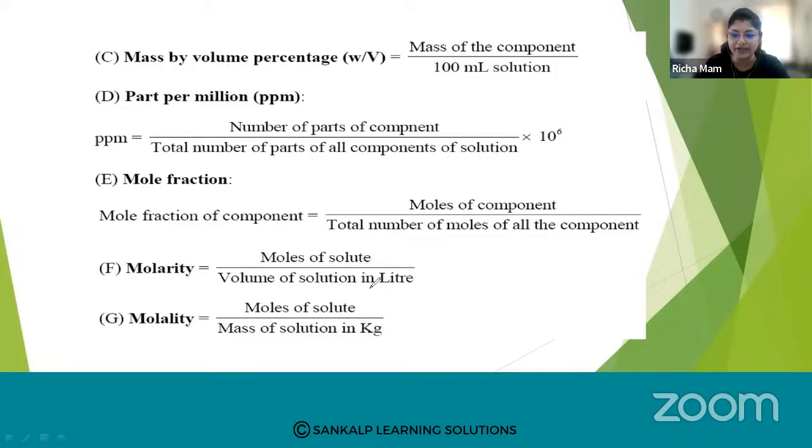Molarity is number of moles of solute dissolved in 1 liter of solution. 1 liter means what? 1 liter can be 1 dm cube, or it is 1000 ml. So, molarity is number of moles of solute dissolved in 1 liter of solution, or 1 dm cube of solution, or 1000 ml of solution. Ml is the simplest way.